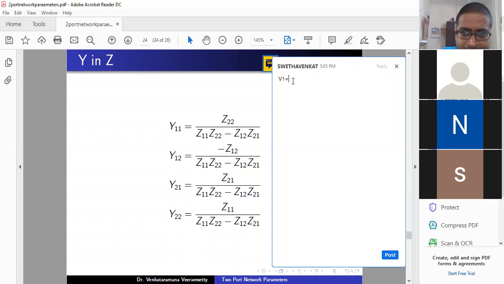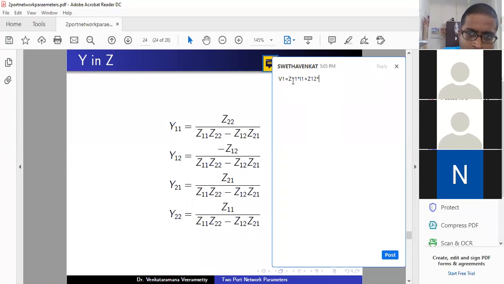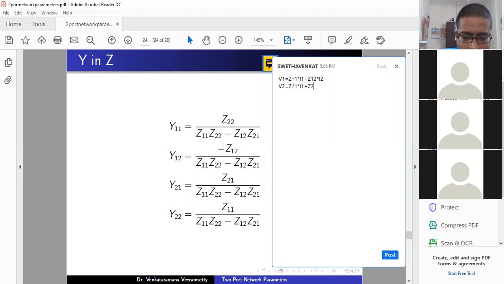V1 equal to Z11 into I1 plus Z12 into I2, and similarly V2 equal to Z21 into I1 plus Z22 multiplied with I2. So these are the Z parameter equations.